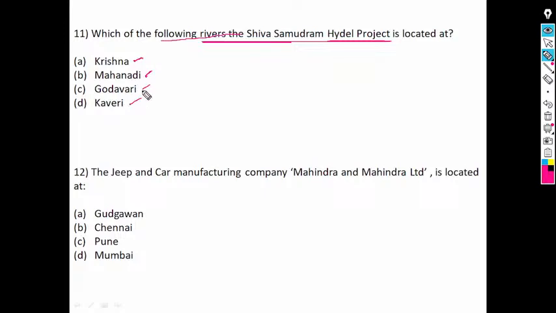Krishna, Mahanadi, Godavari and Kaveri. Sivasamundram Hydel project. Your answer is D. It is on the Kaveri.